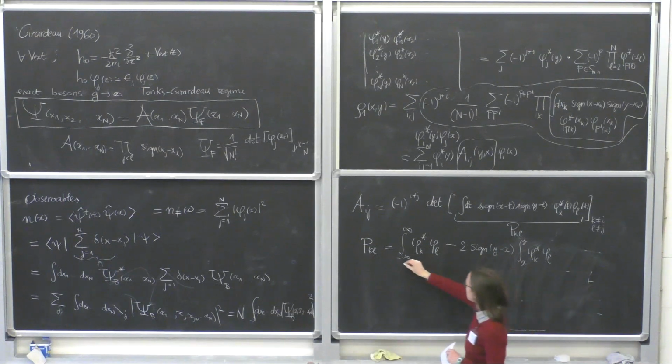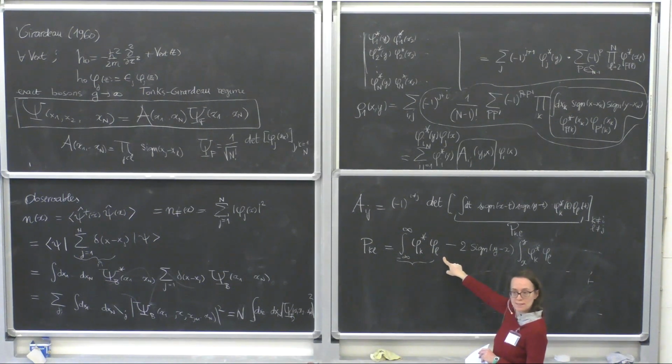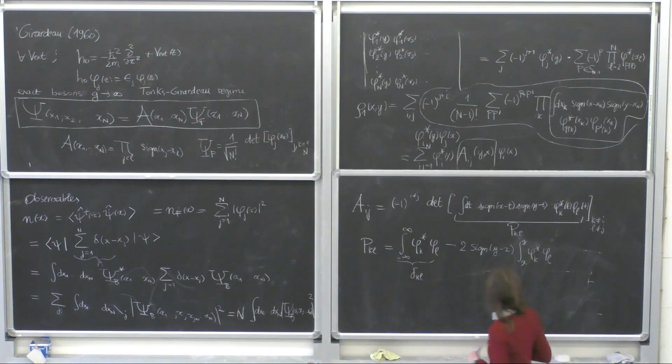And this first one, we know that we have chosen an orthonormal basis of the single particle problem, so it's delta kl.